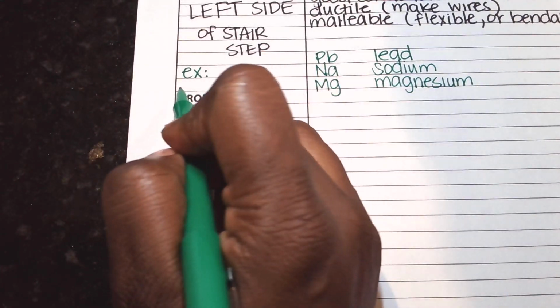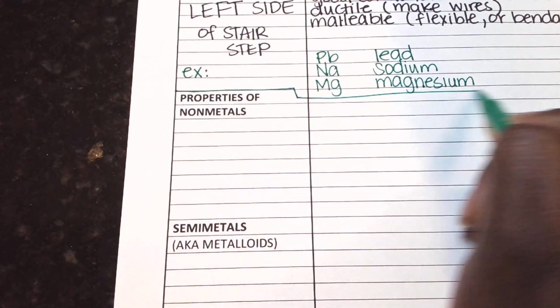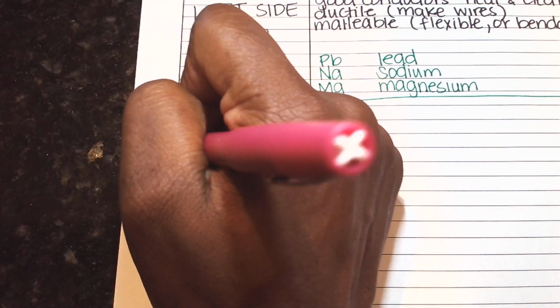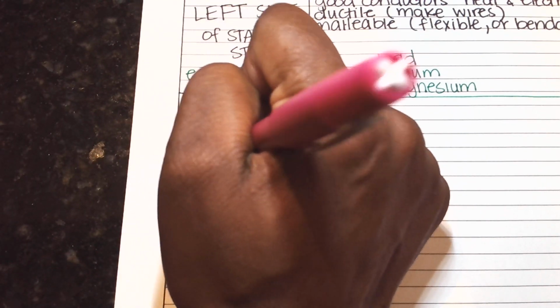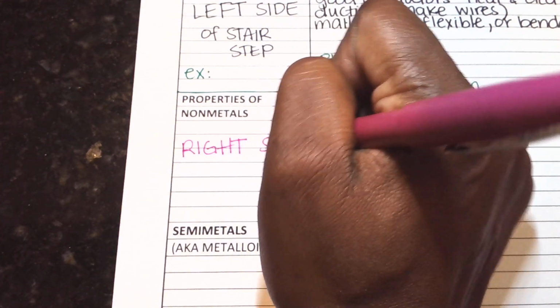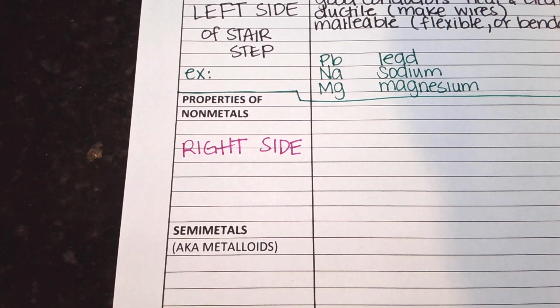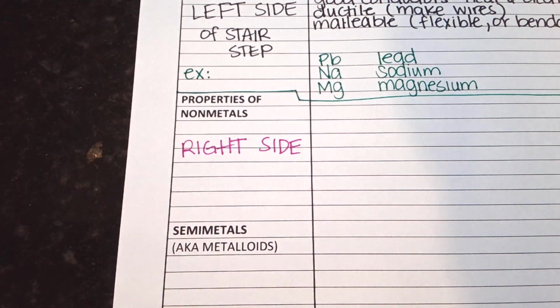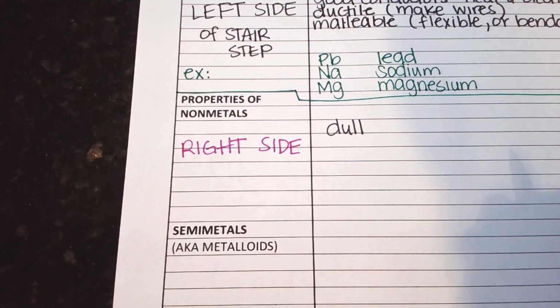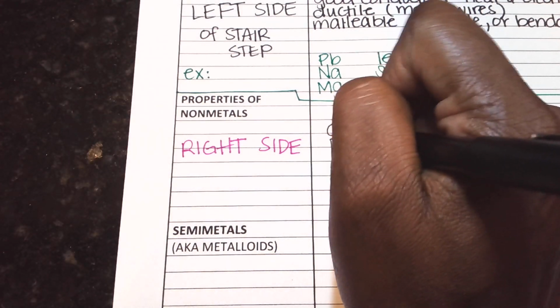All right, properties of nonmetals. Nonmetals can be found on the right side of the periodic table. Okay, they tend to be dull, not shiny. Okay, they are poor conductors.